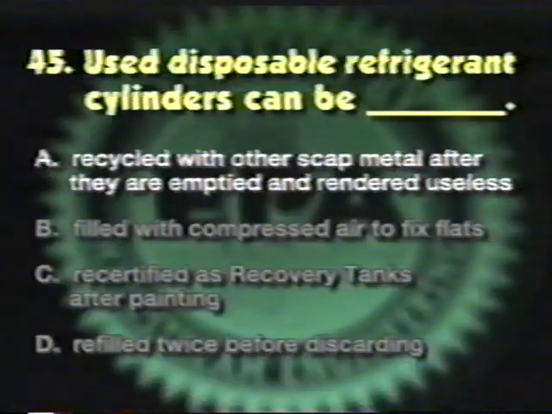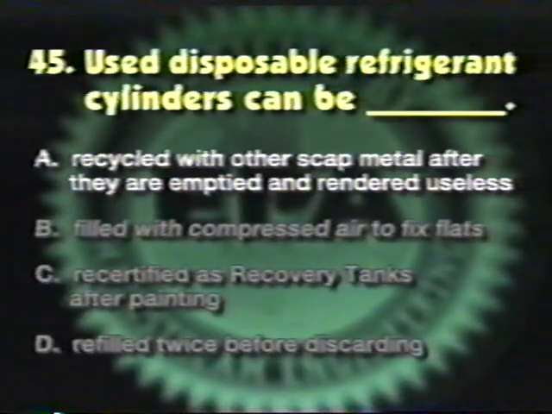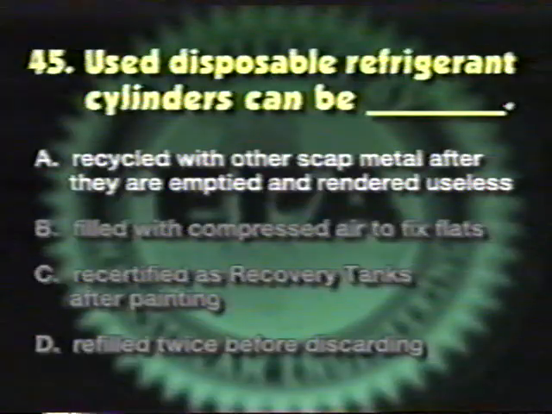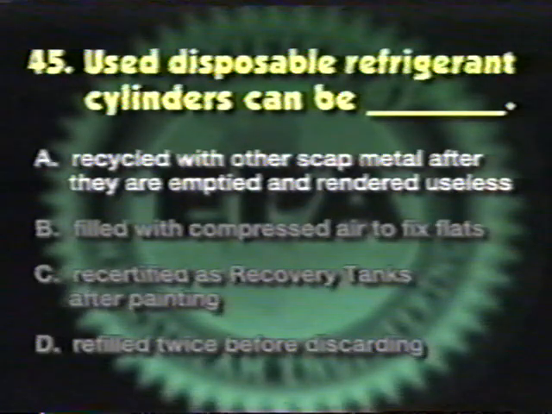The answer is A. Disposable cylinders should be emptied of all contents using a refrigerant recovery device. Once emptied, the cylinder's valve should be opened to allow air to enter, and the cylinder should be punctured with the valve still open. Used cylinders can then be recycled with other scrap metal.